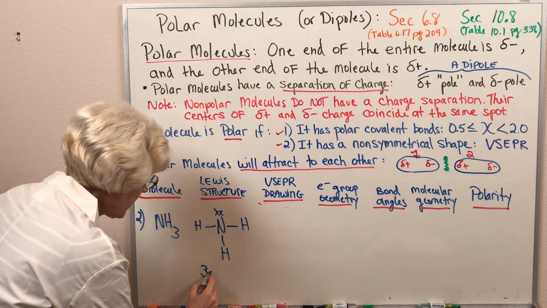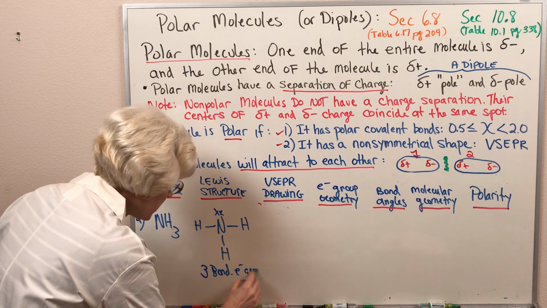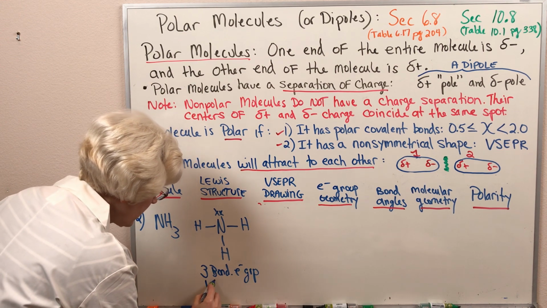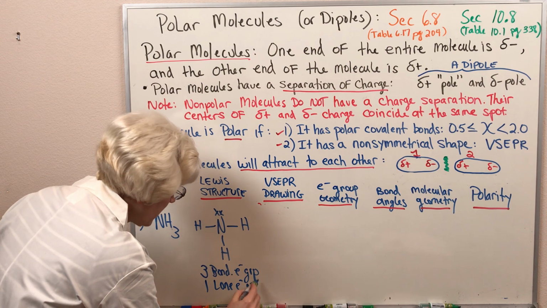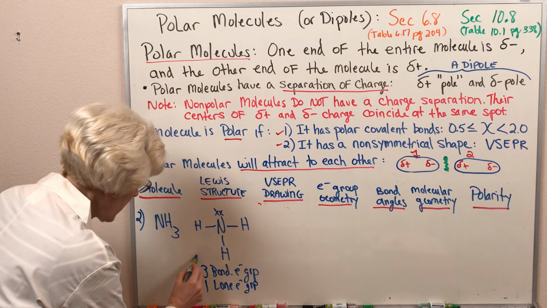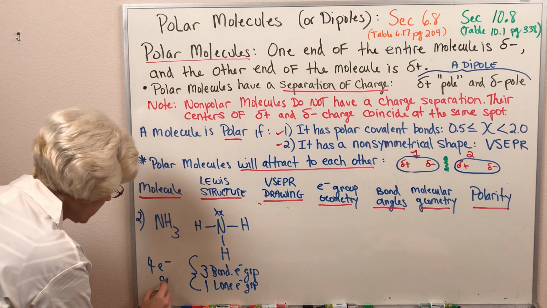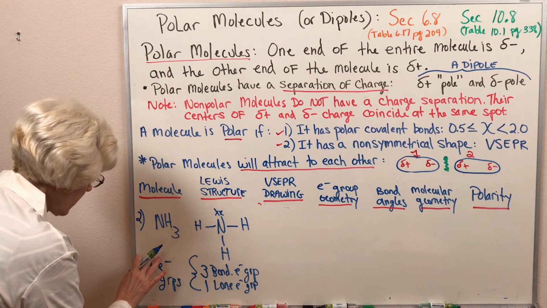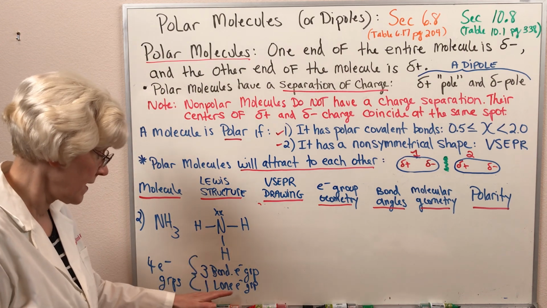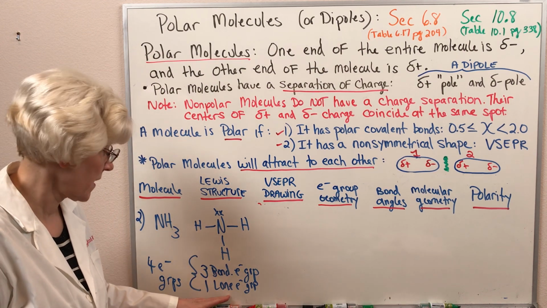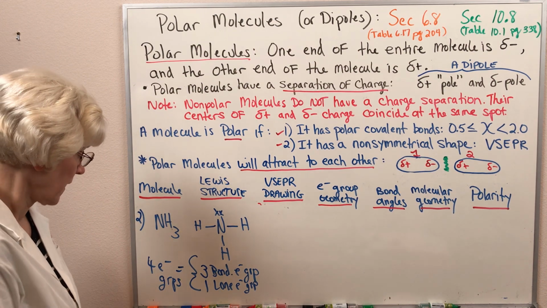So we have 3 bonding electron groups and 1 lone electron group, which gives us a total of 4 electron groups. However, it's a little different situation than methane in that one of these electron groups is a lone electron group.